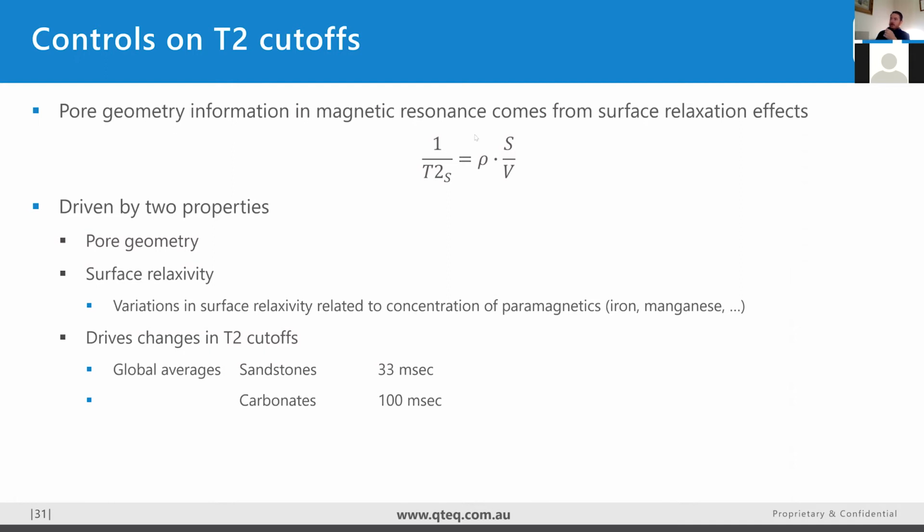There's a surface relaxivity term rho here, and also the ratio between the surface area and the volume of the pore. And there are global averages related to sandstones and carbonates. So if you want a more accurate answer, you can go through a coring program to determine what this cutoff should be.